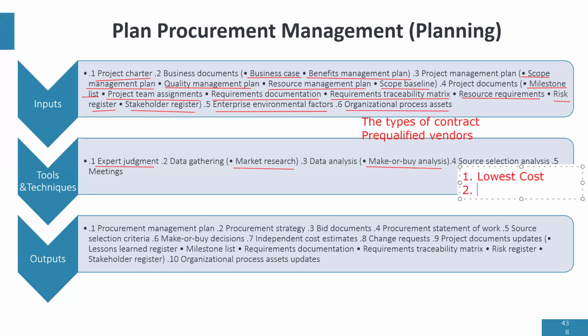Then another source selection we're going to talk about is qualifications only. Qualifications only means that we're only going to talk to qualified vendors. Imagine that your organization is buying new laptops and they want to install the latest Windows.